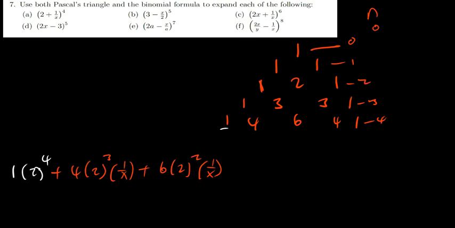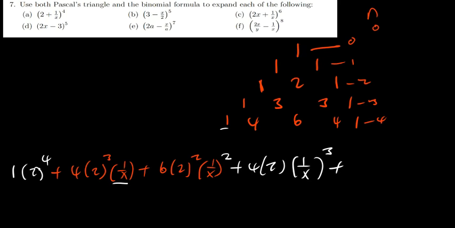As you can see, the powers of this one are now increasing. So here is going to be to the power 2. Next, 4, 2 raised to the power 1, then I'll have 1 over x raised to the power 3.